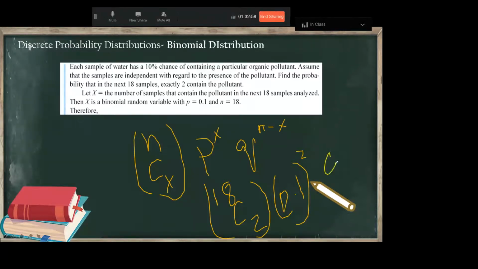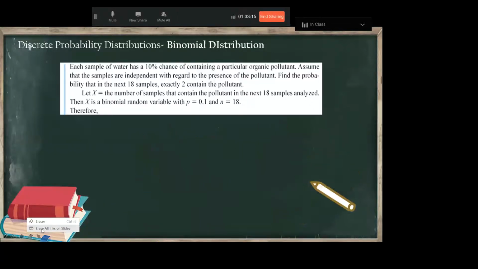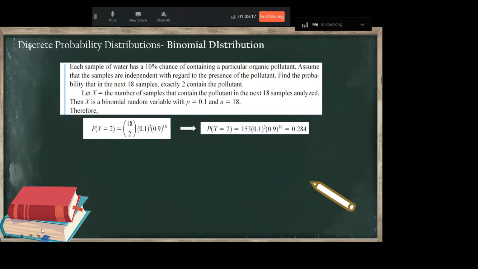So Q is 0.9, and N minus X is 18 minus 2, 16. So you can solve it and you can get P of X equal to 2. Now let's see it in typed writing. So we know X equal to this.